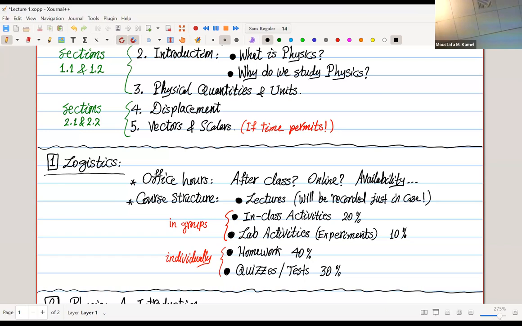Then there are homework and quizzes, tests, exams, whatever you want to call them. Homework will be released on Monday morning each week. I will release it right after class, and it will be due on Friday midnight.